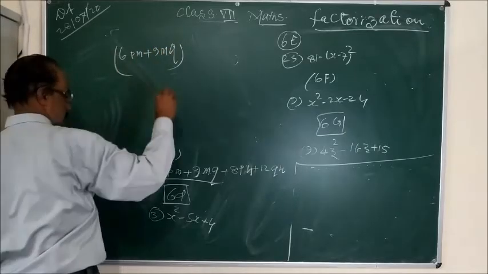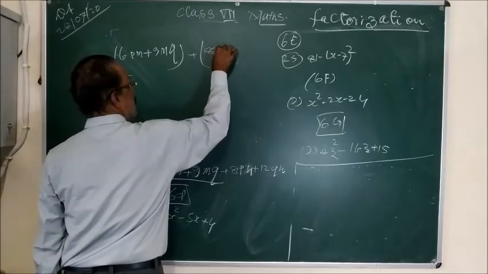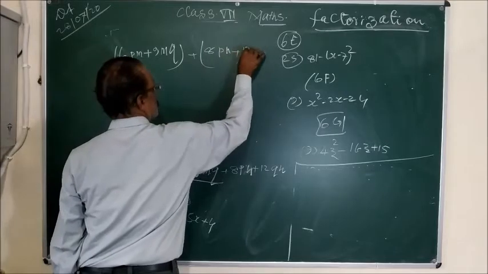You make the pair. And the other pair will be 8PN plus 12QN.